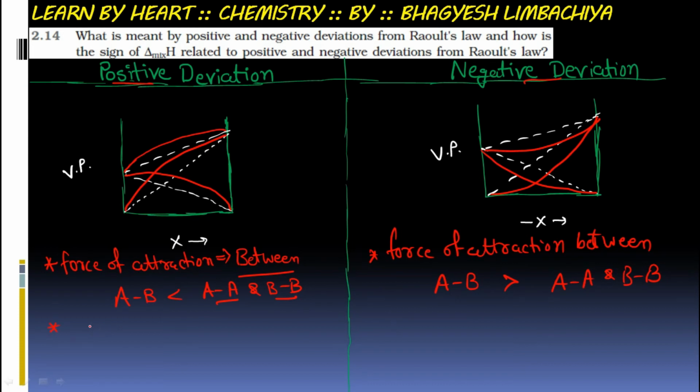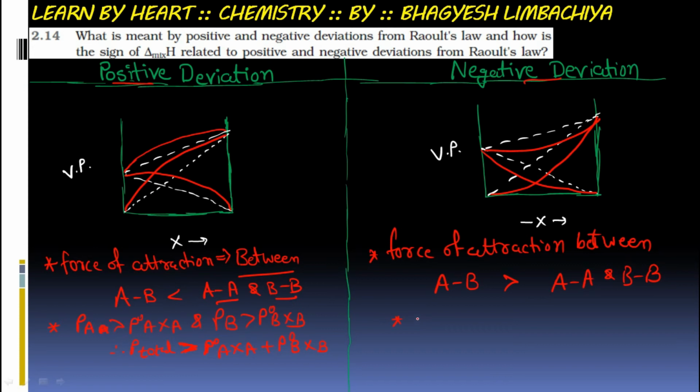Next, in a positive deviation, PA is greater than P0A XA and PB is greater than P0B XB. That's why P total is higher than the sum of P0A XA and P0B XB.